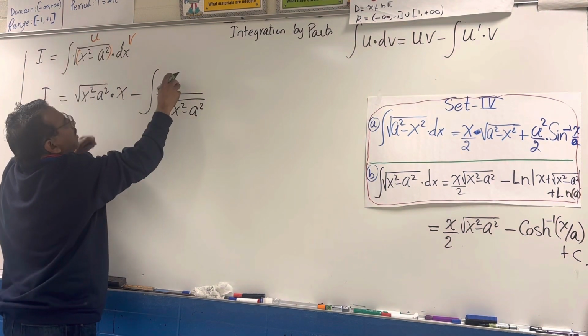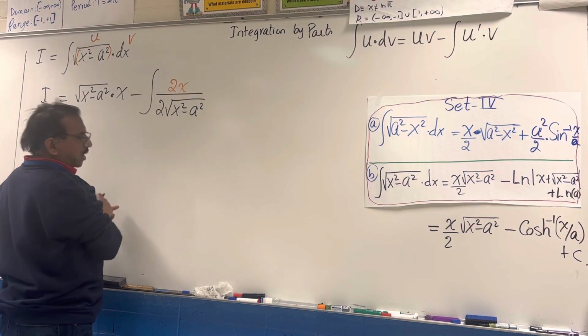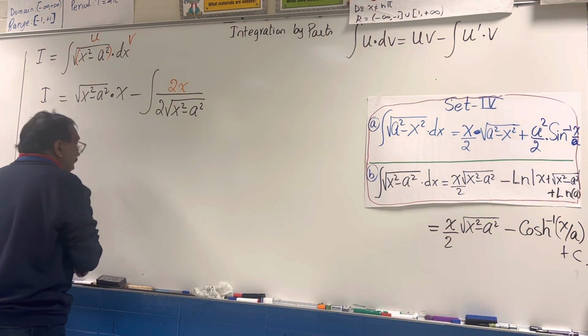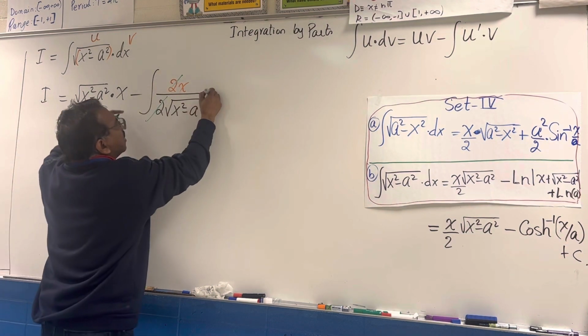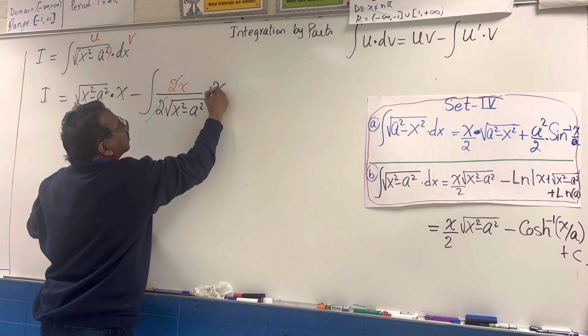You can clearly see the 2 crosses out, and then I think I missed here again x dx.